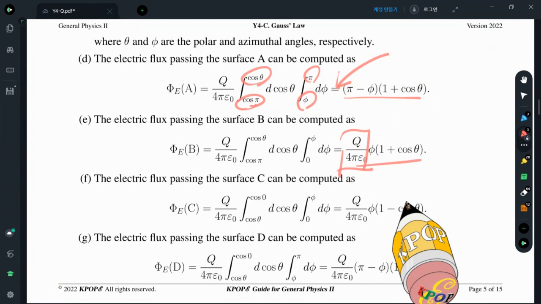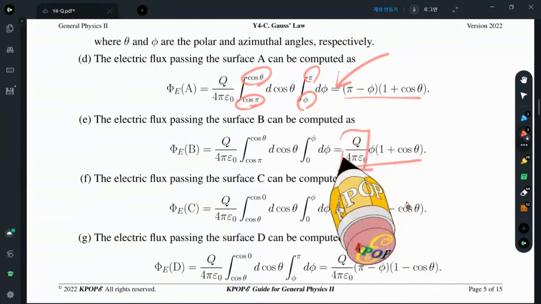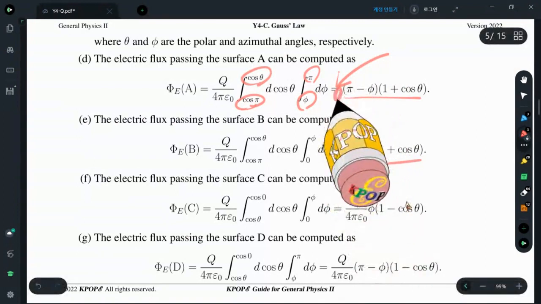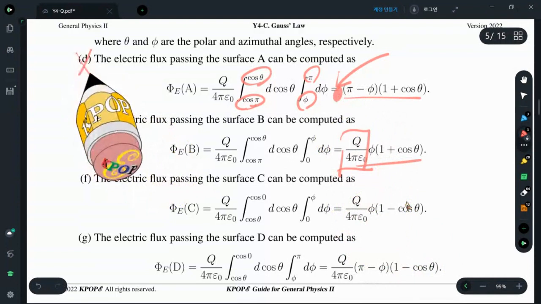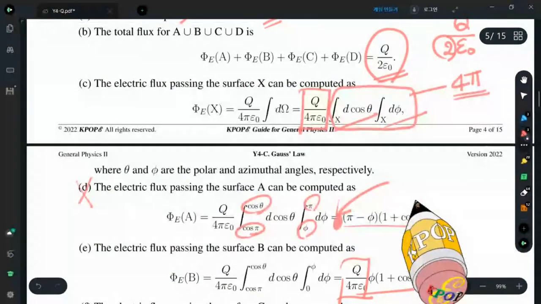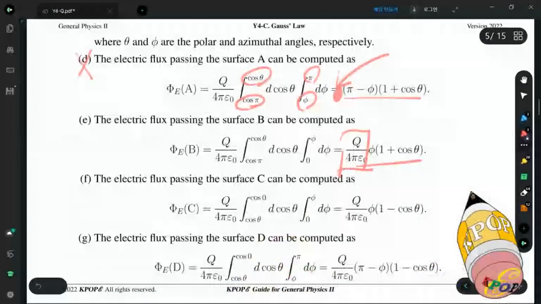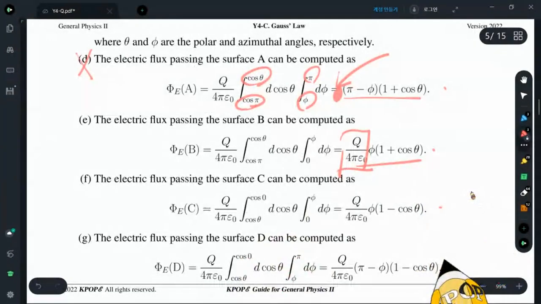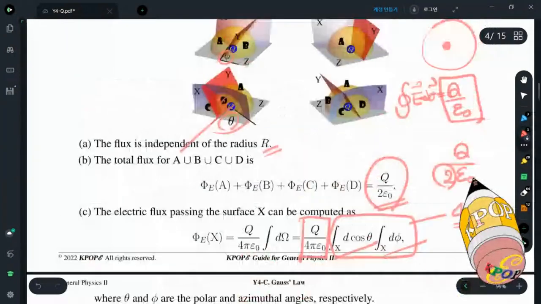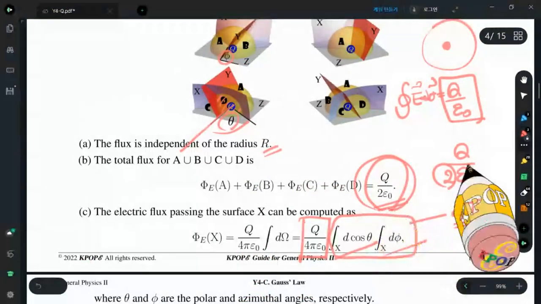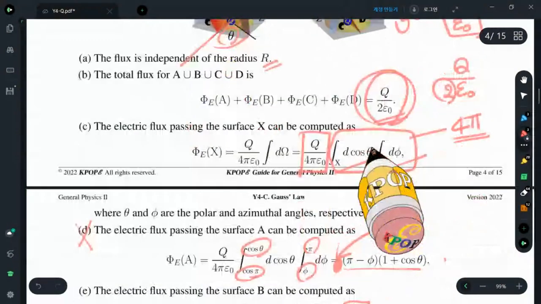This is page 5, Q over 4 pi epsilon 0 D. So you need to include this Q over 4 pi epsilon 0 in here. This one is wrong. So if you add these 4 contributions, you will find the answer is Q over 2 epsilon 0.